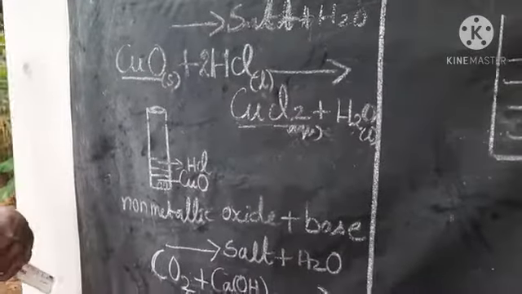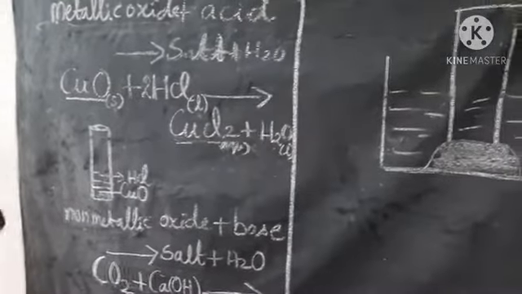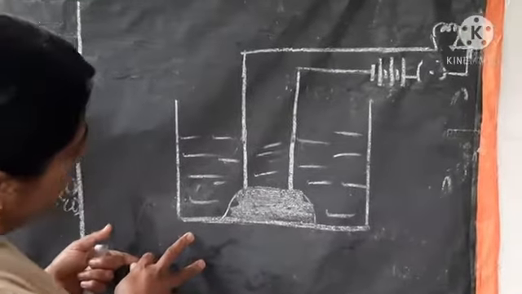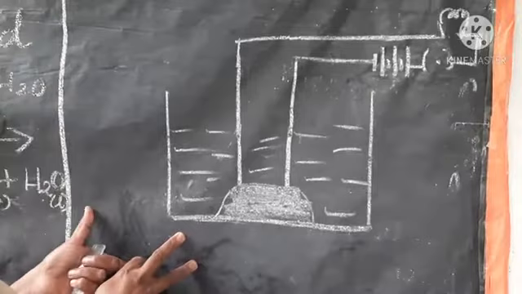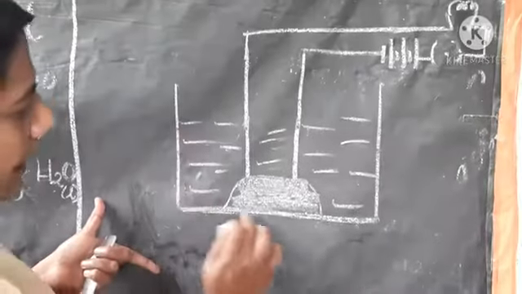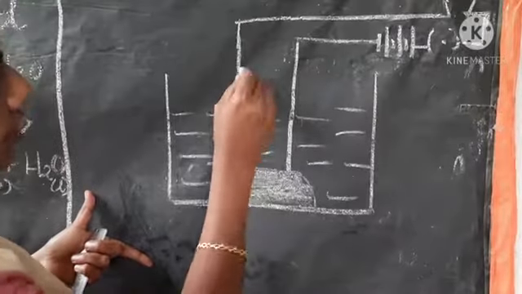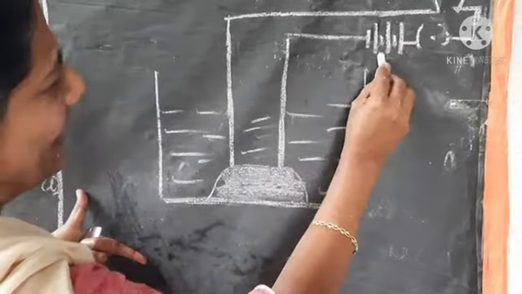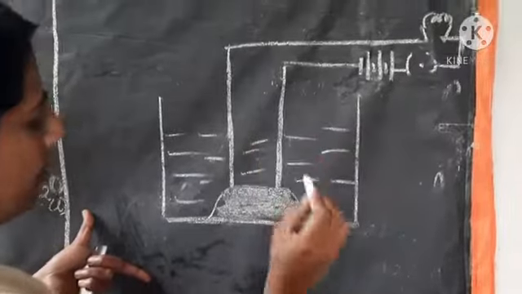Now, let us see an experiment showing that H plus ions present in the solution are acidic. Materials required: a big tank and two electrodes, connected to a battery, key and bulb.